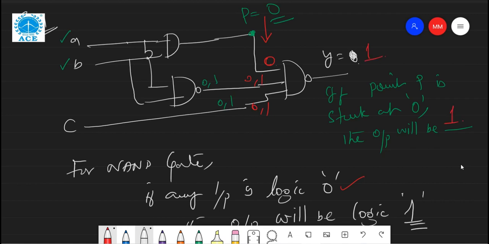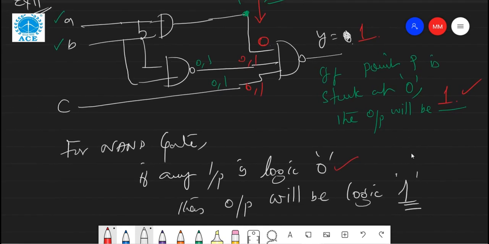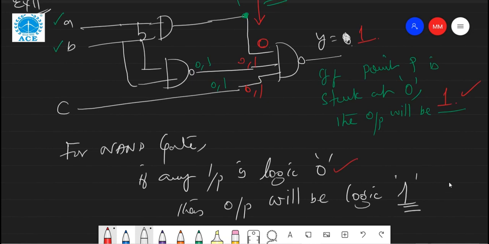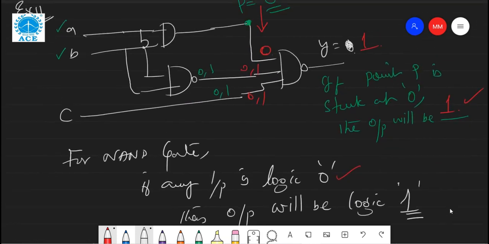So this is high. Got my point? So this is stuck at 0 or stuck at false in testing, right? These are the general faults.